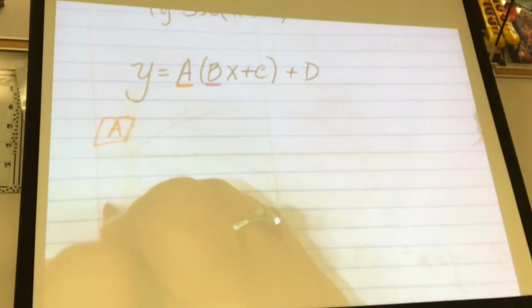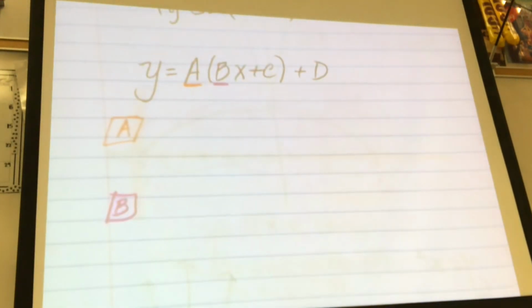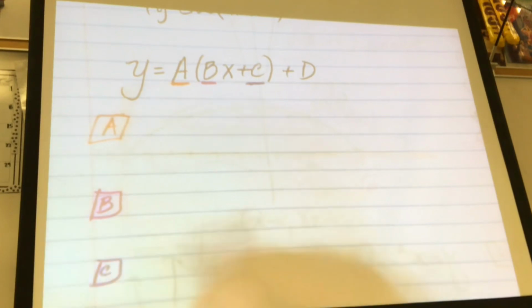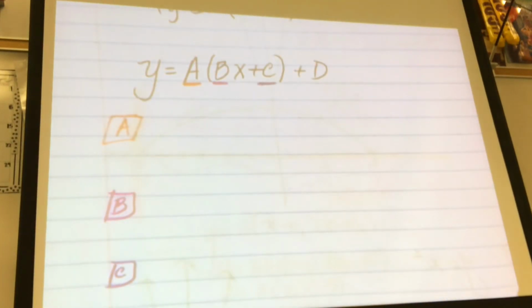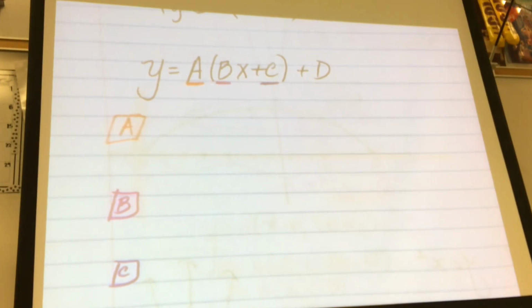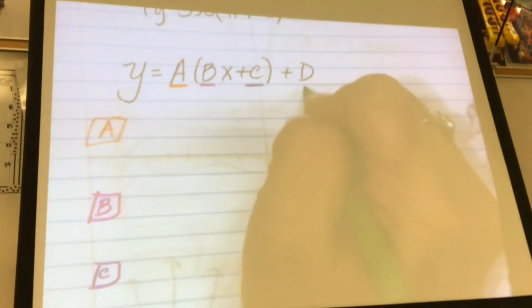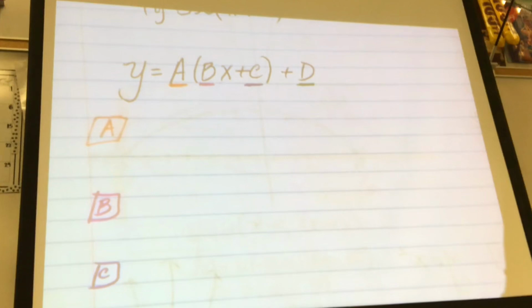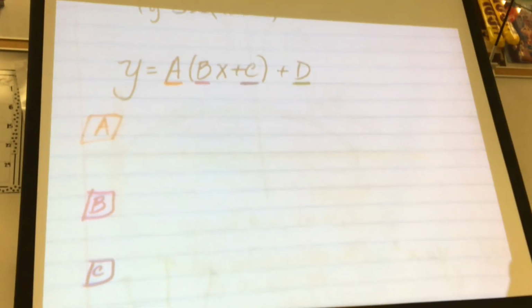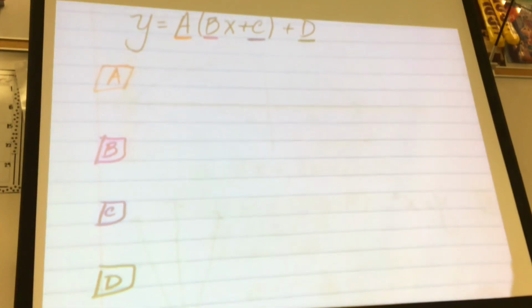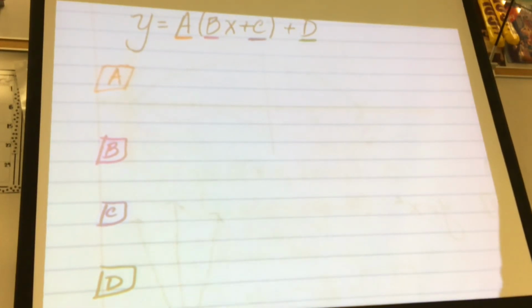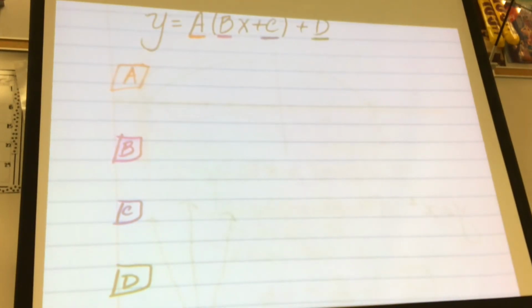Thank you for taking out your highlighters. And then I'm going to ask you to take out your graphing calculators in a second. So if you have that, can you please take it out?